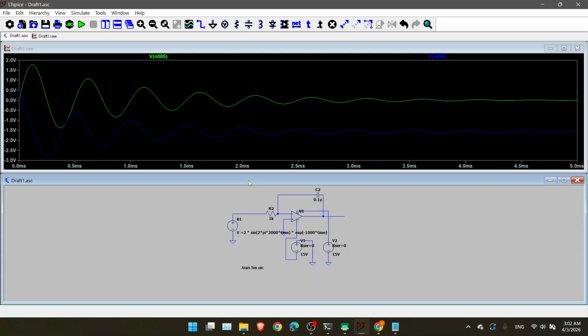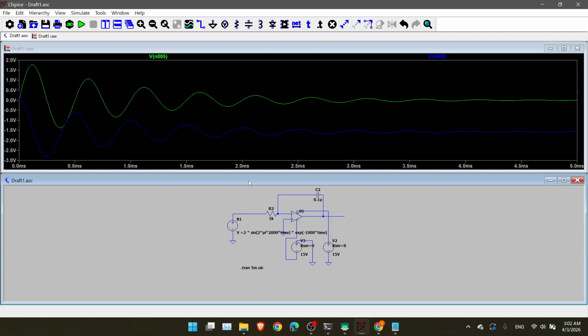So it's the same kind of function but inverted. There is a minus sign here, and there is also RC here.